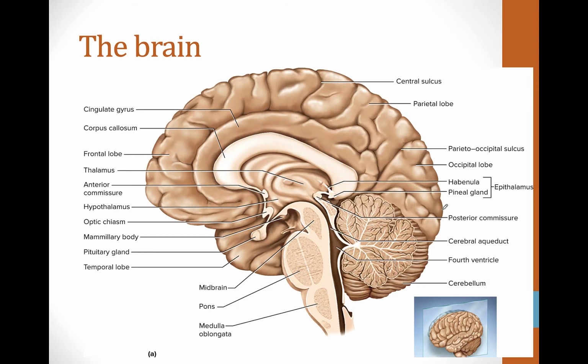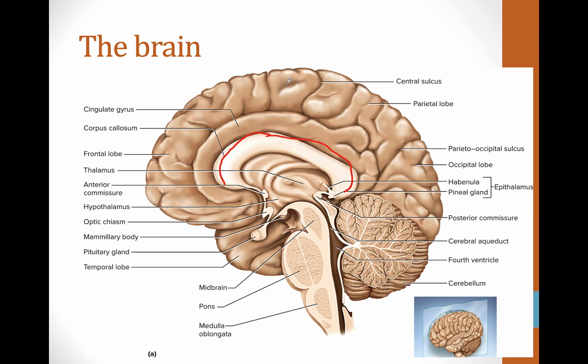If we look at this view, this is the sagittal cut. If we cut the brain in half and look in the center, you can see this large C-shaped structure right here, and this is where the left side and the right side of the brain connect. You can notice that these are different colors. We have white matter and gray matter.